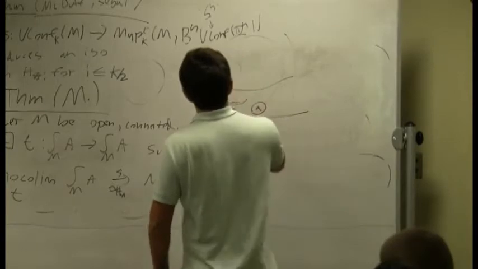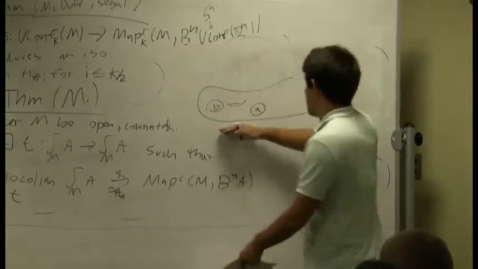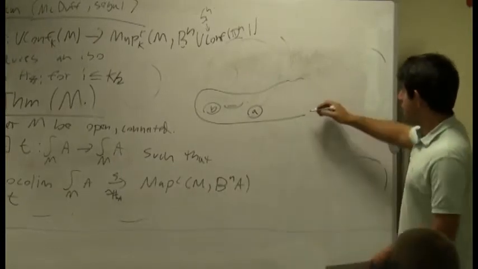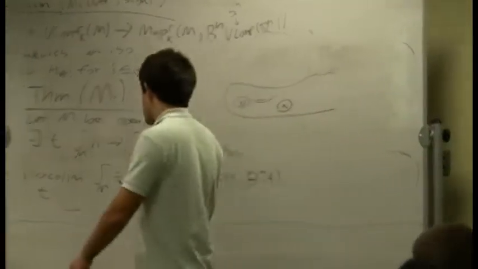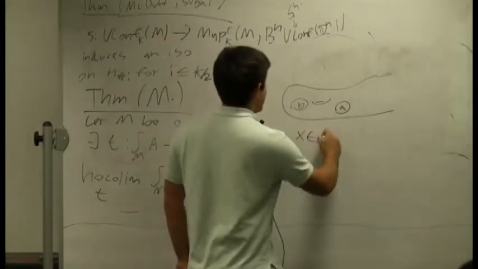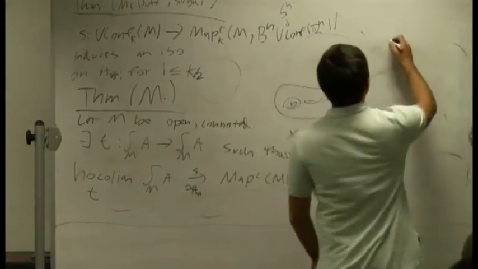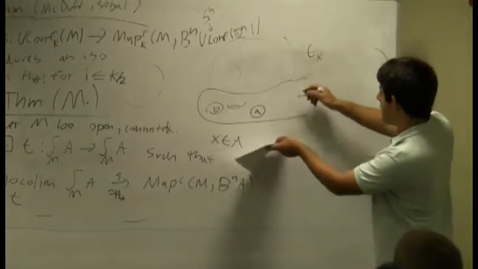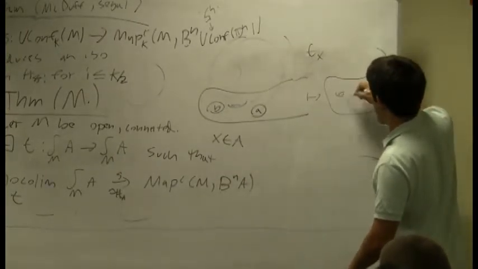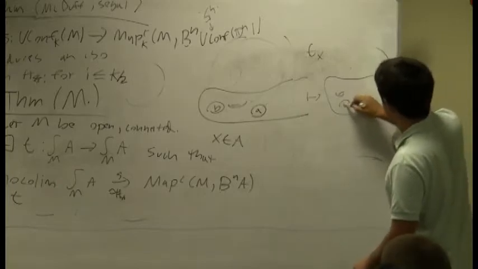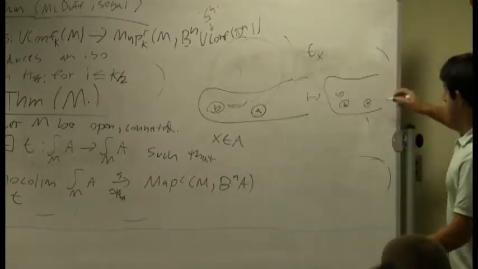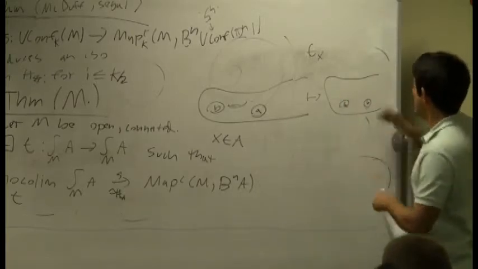So, a zero simplex in this space is something like this. You pick a point x in A, and you define t sub x, which takes this picture and sends it to, because the manifold is open, oops, the A shouldn't move.